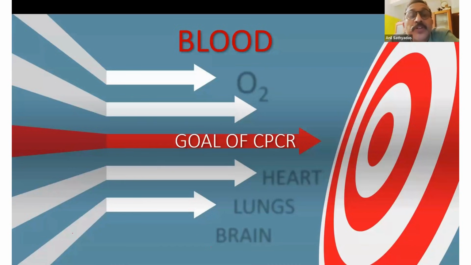Okay. So the next question comes, is only blood needed? You of course need oxygen also. You are not supposed to pump blood that does not contain oxygen. And where does this blood with oxygen go to? So that will go to all parts of the body, and the organs that would be most affected or helped out would be the heart.